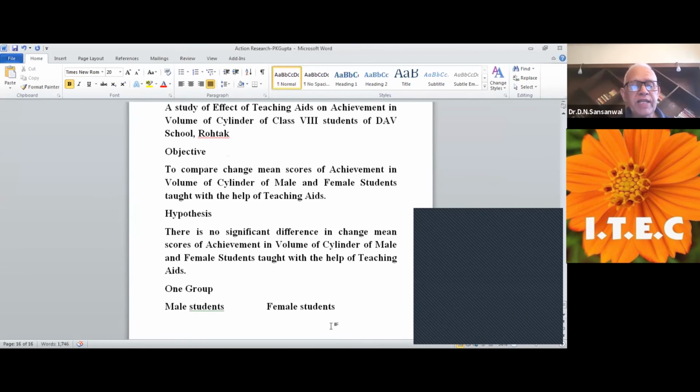For the male students, you have the pre-test score and the post-test score.